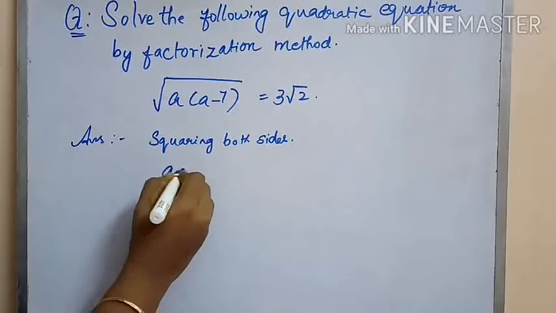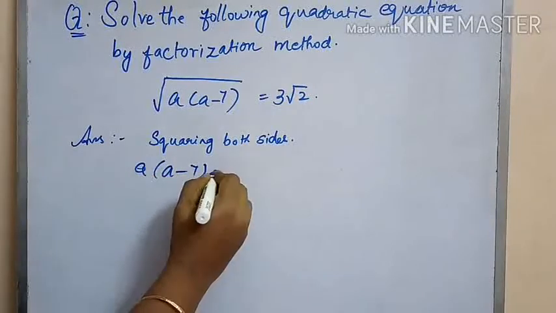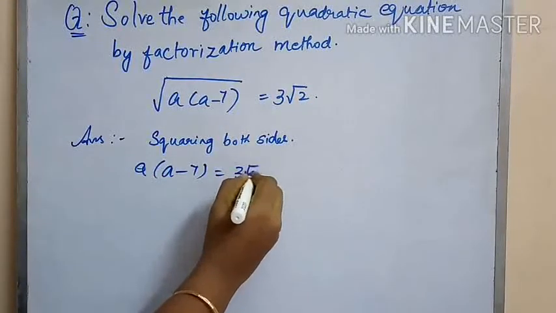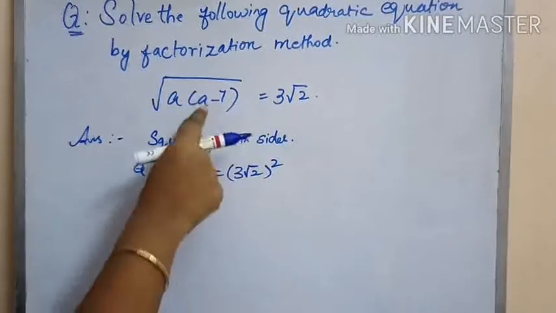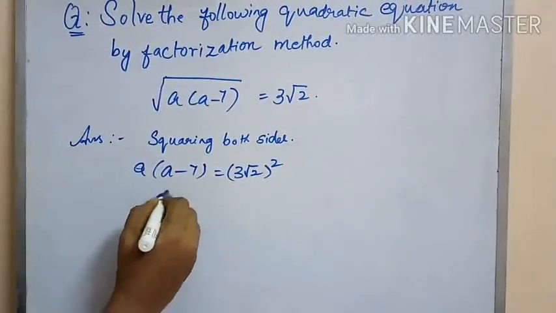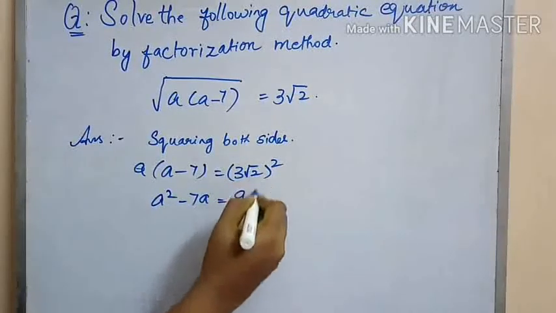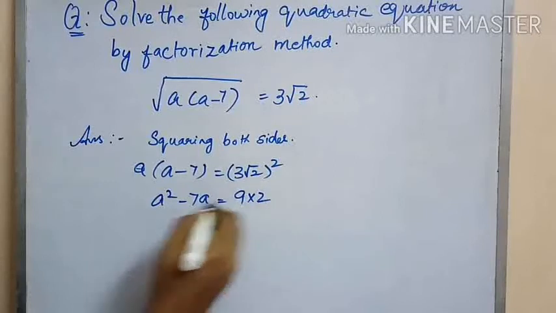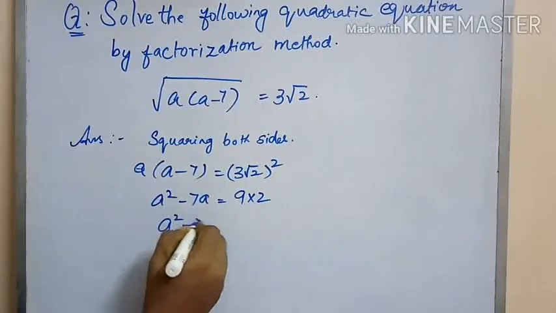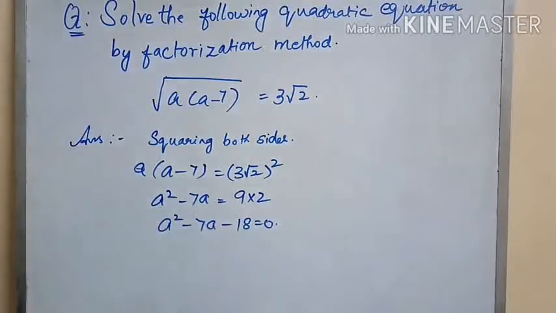A into a minus 7, because while squaring the square root vanishes, and on the right side we have 3 root 2 the whole square. We get a squared minus 7a is equal to 9 into 2, which gives us the quadratic equation a squared minus 7a minus 18 is equal to 0.